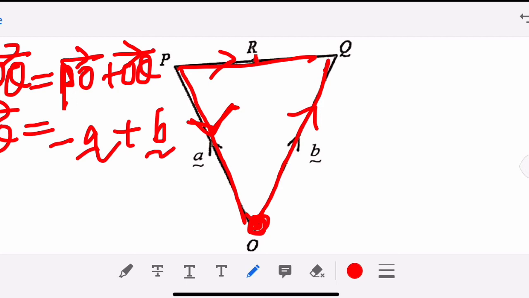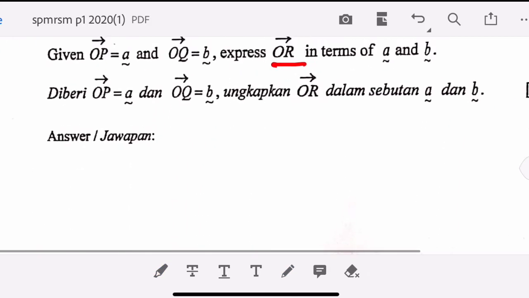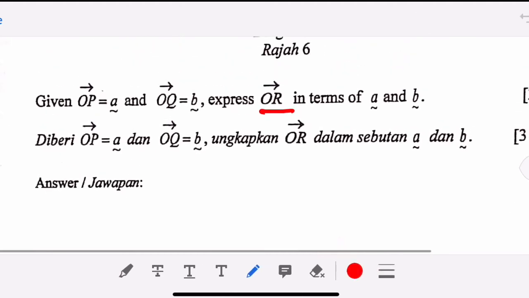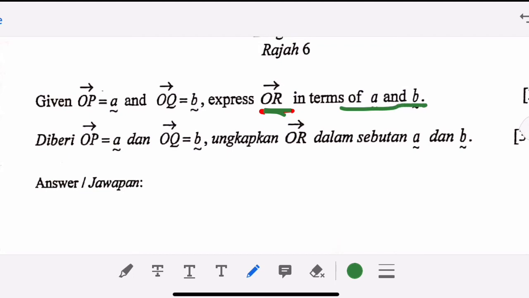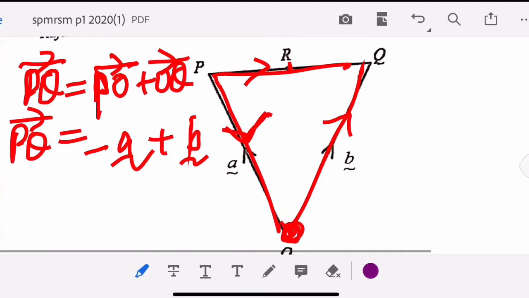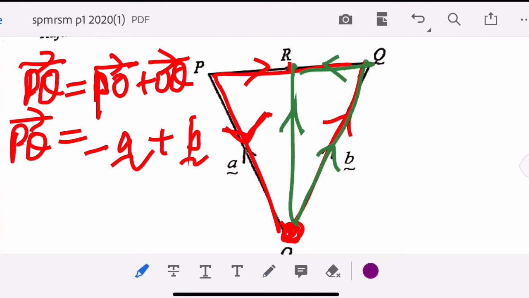And now we need to find vector OR, right? The question says find vector OR in terms of A and B. So let's join the line from O to R. Triangle law, OQ plus QR. You want to use this one, or you want to use the other one, which is OP.